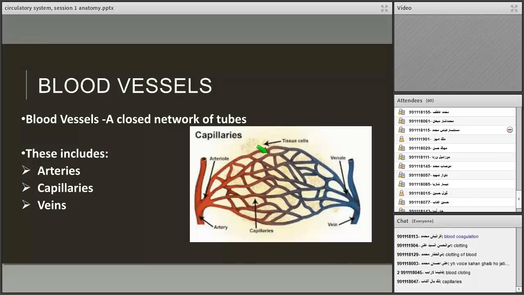And then, at the end, they will connect to the venous capillaries here. With these arterial and venous capillaries contacting each other, the venules will form, and at the end we have veins.